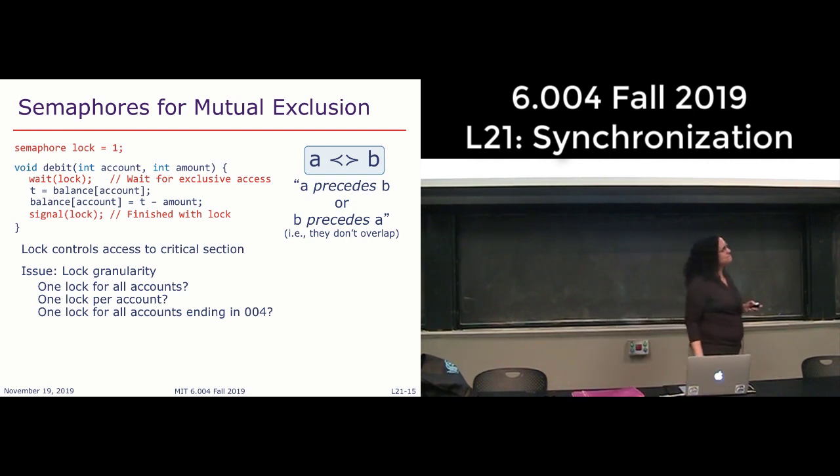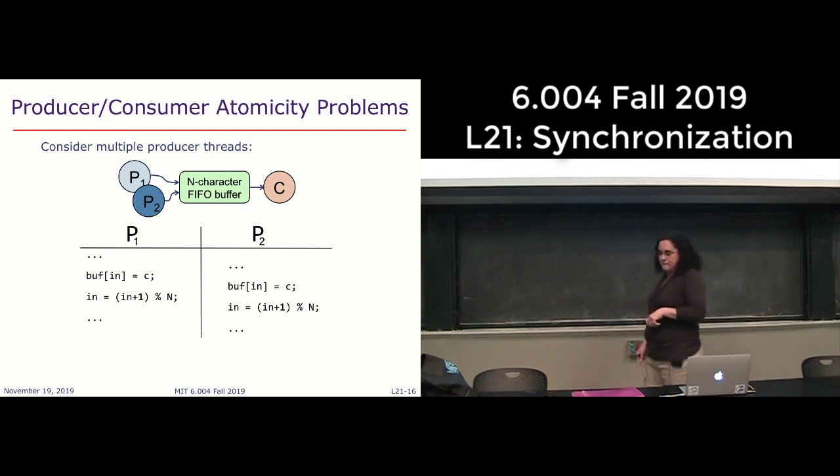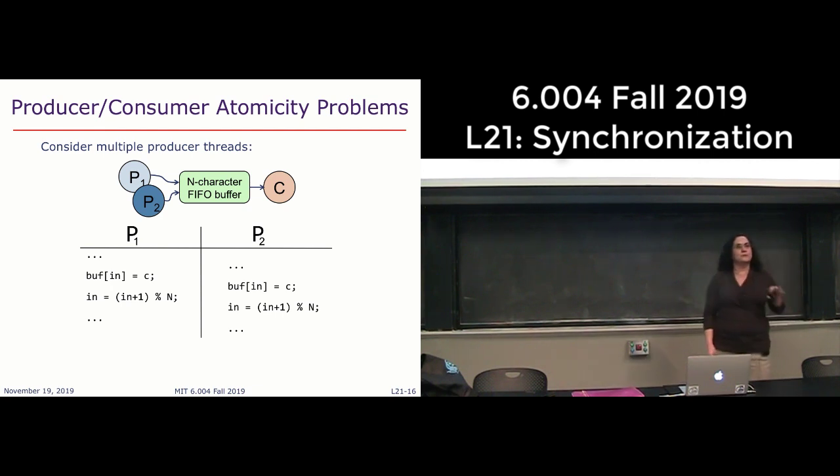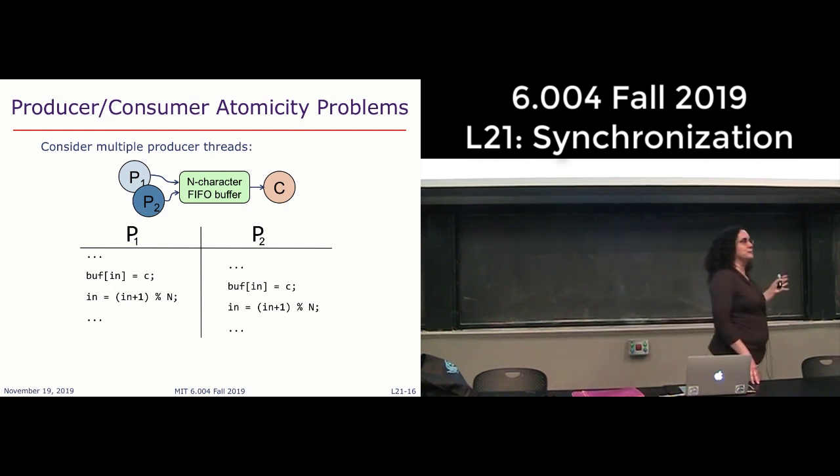All right? Okay. So now we're back to our shared buffer example, and now we're going to take a look at a situation where we have multiple producers. We said that our previous solution worked as long as we had a single producer and a single consumer. Now let's see what happens if we have 2 producers and a single consumer.